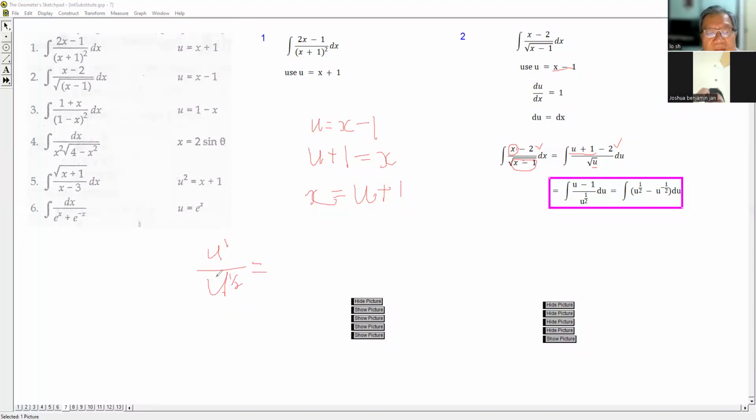U to the power 1 divided by u to the power half: 1 minus half, this is u to the power of half.